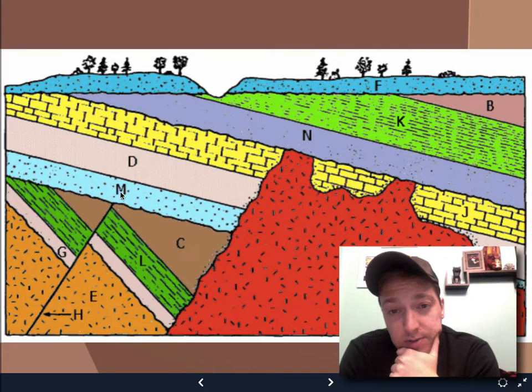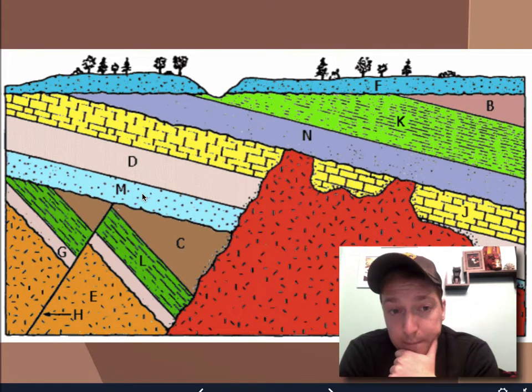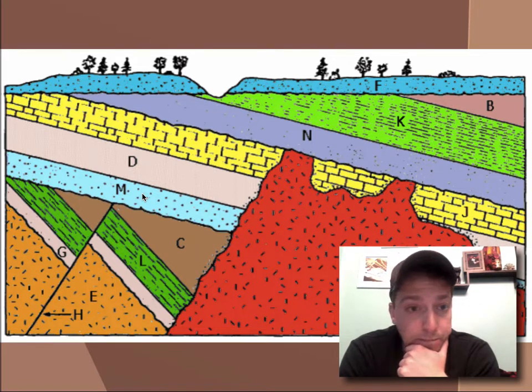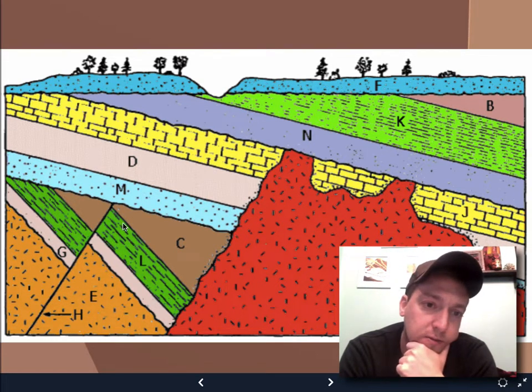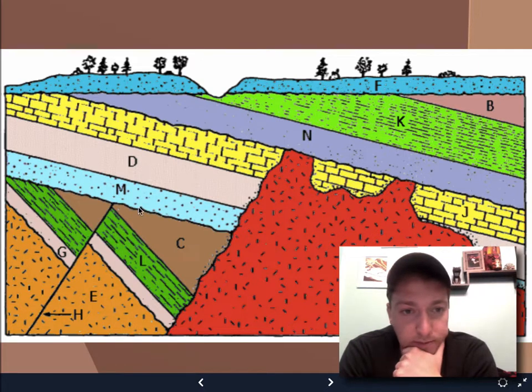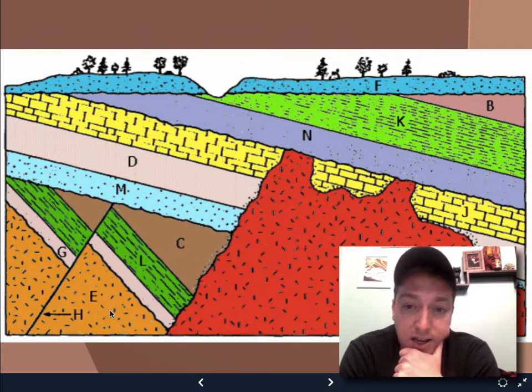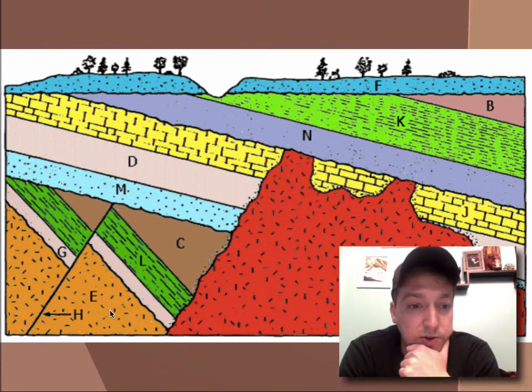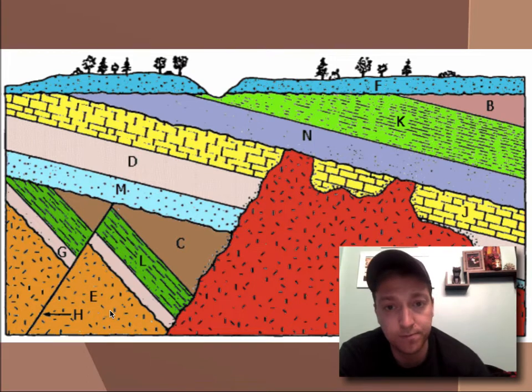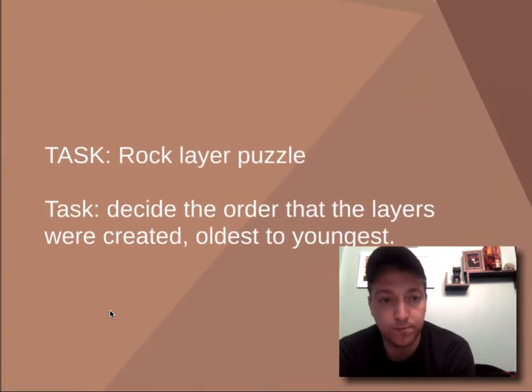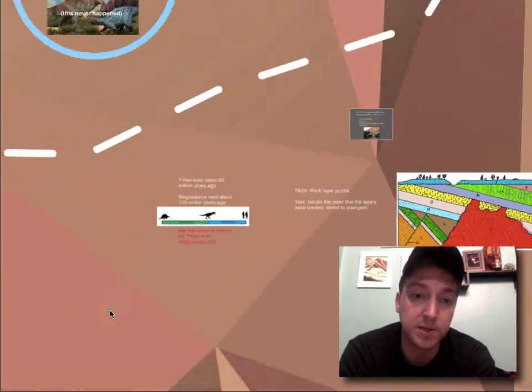So H would come after M. Or H would happen, yeah. H happens, then M happens, basically. So I shouldn't say H after M. But H happened after C, L, G, and E. So E is actually the oldest rock layer here.